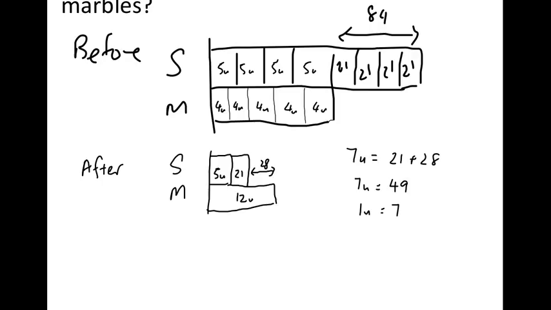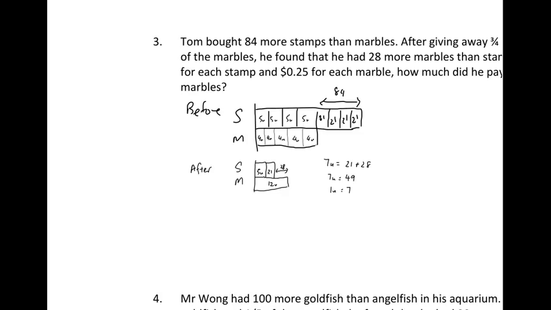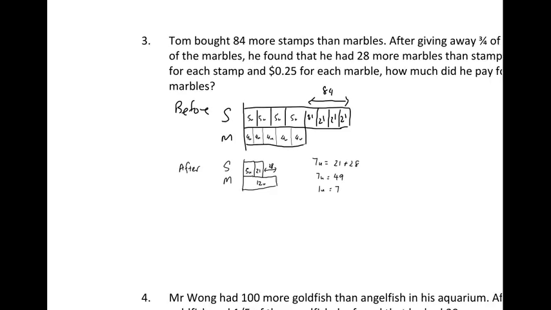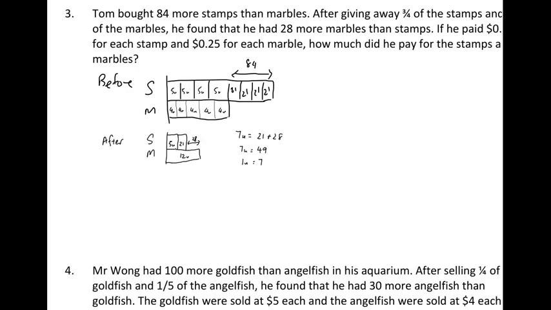Do you think that they are looking at before or after? Before, right? Because he must have bought it at first, right? Okay, so we are looking at before. Before he has 20 units, which is 7 times 20 equals 140.